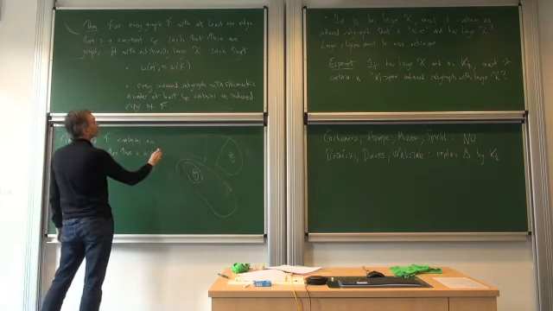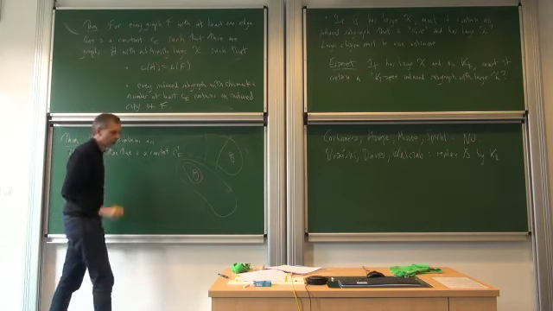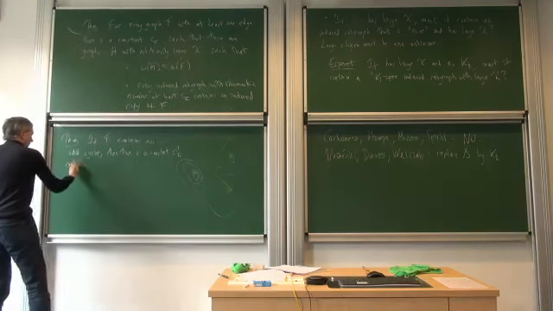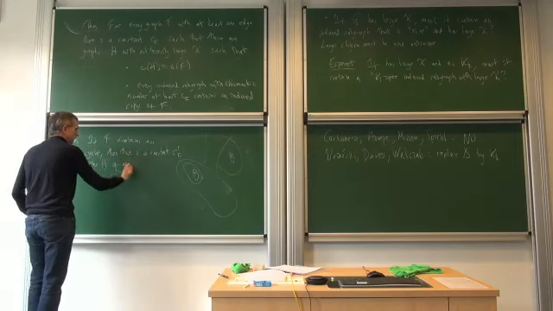There's a constant C prime F, and graphs of arbitrarily large chromatic number.